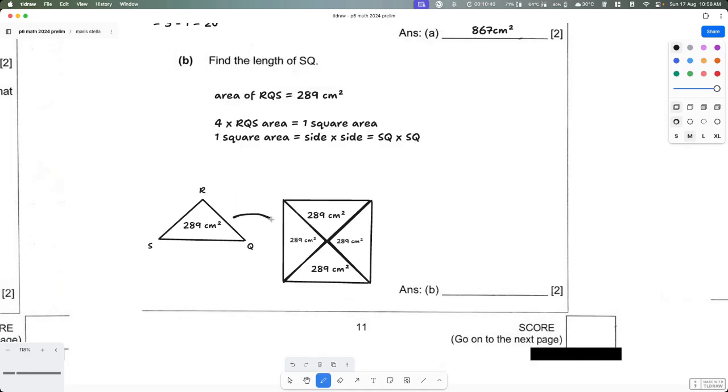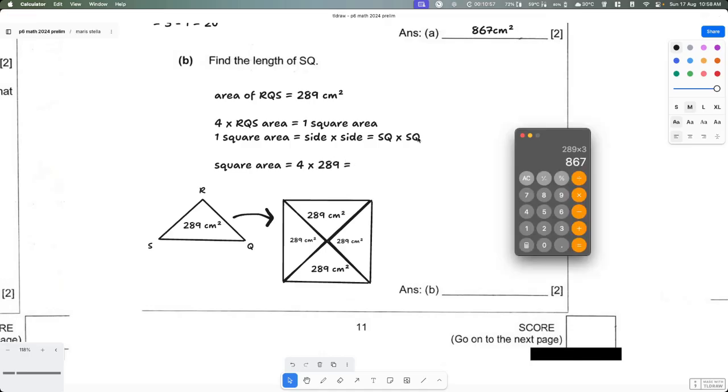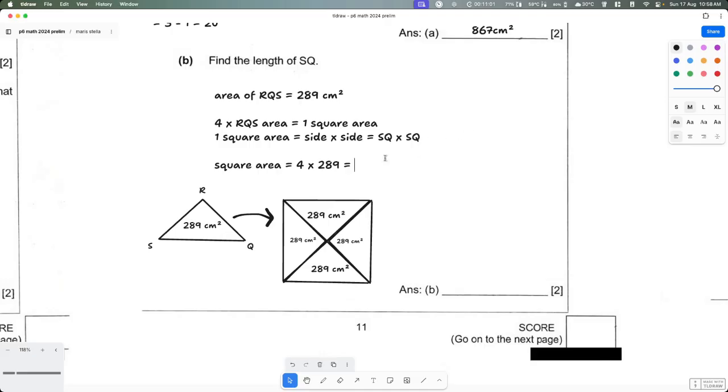Let me just put an arrow out like this, and make the arrow nicer. So that means the square area is equal to 4 times 289. 289 times 4 will give you 1156.